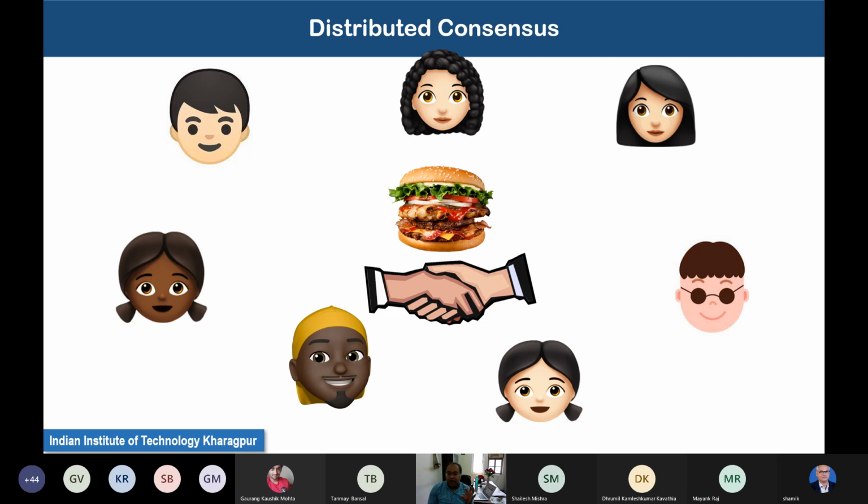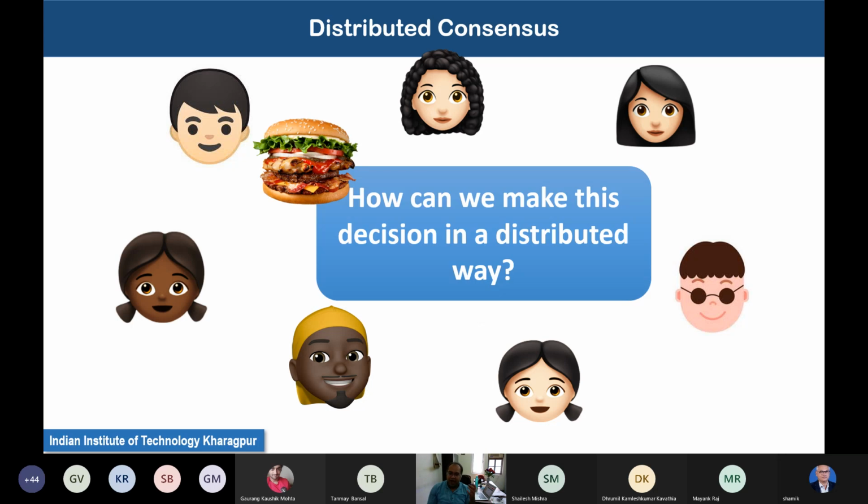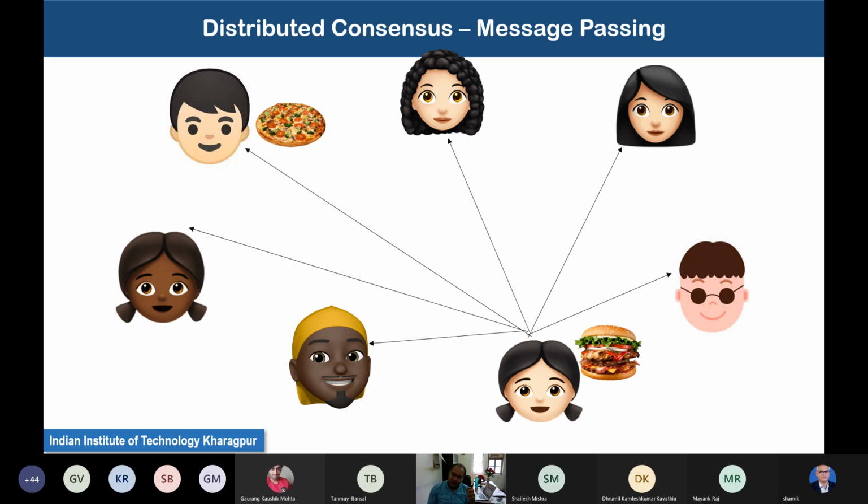But the question is, how can I solve this problem in a distributed way? The way to solve it is that everyone informs their choice to others. Say this lady sends her choice to everyone else, that I prefer burger.